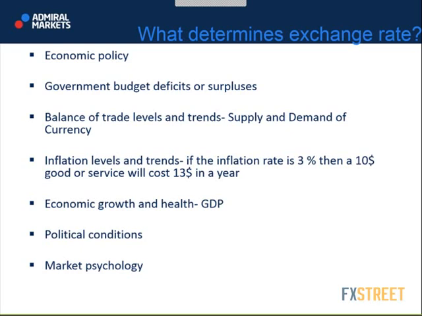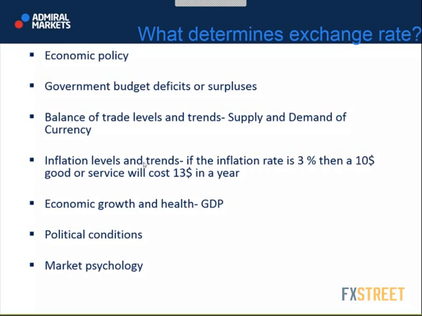Then, to decrease the currency, the central bank will sell its reserves back to the market. Selling, you know what selling is. Basically, you're devaluing your currency, and that will increase the supply of the currency and could lead to a decrease in valuation. So that is supply and demand.